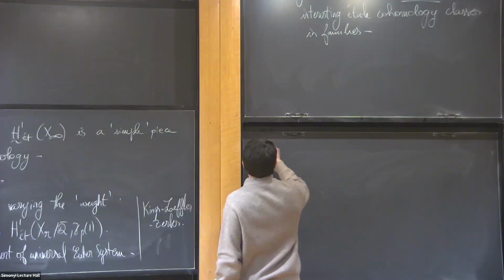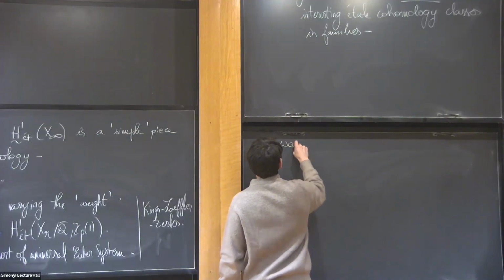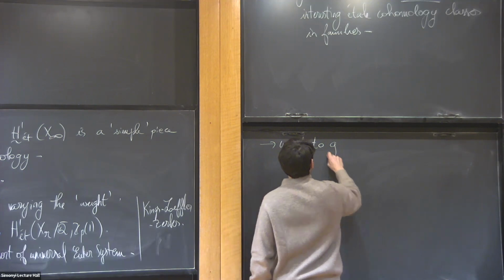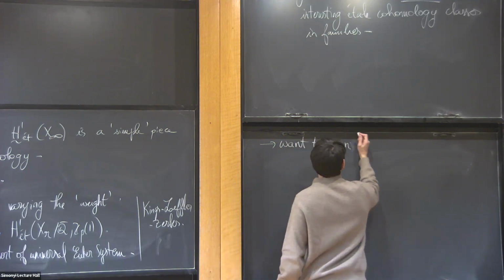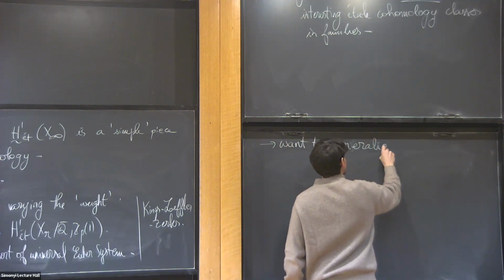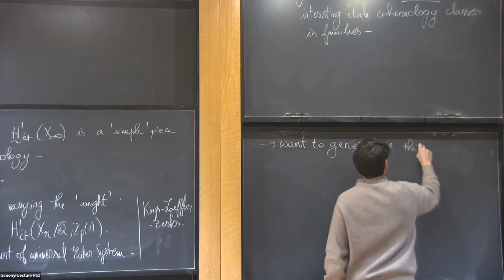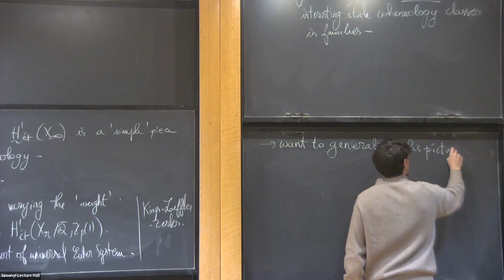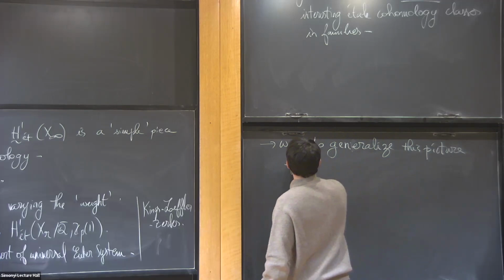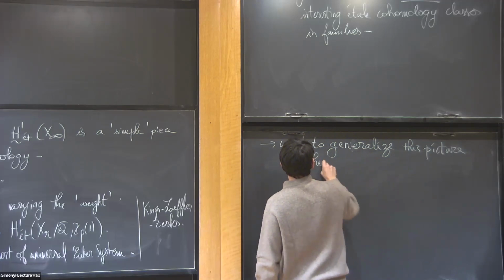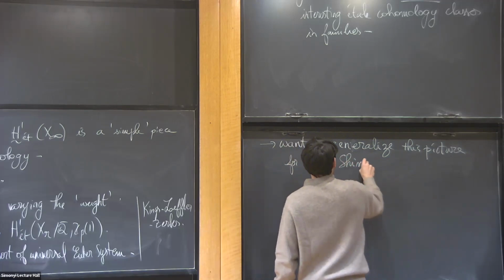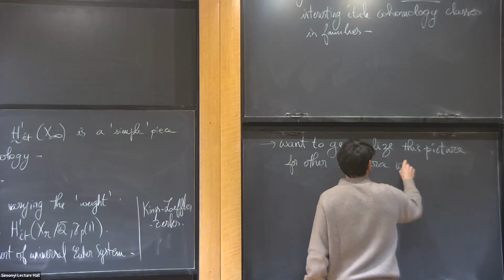Okay, so we want to generalize this picture for other Shimura varieties. You want to basically go beyond GL2.